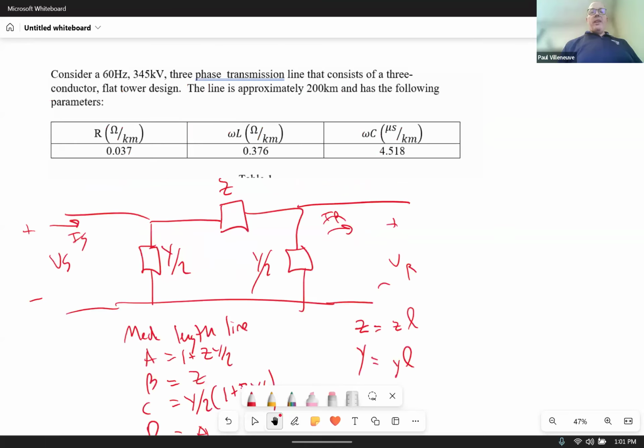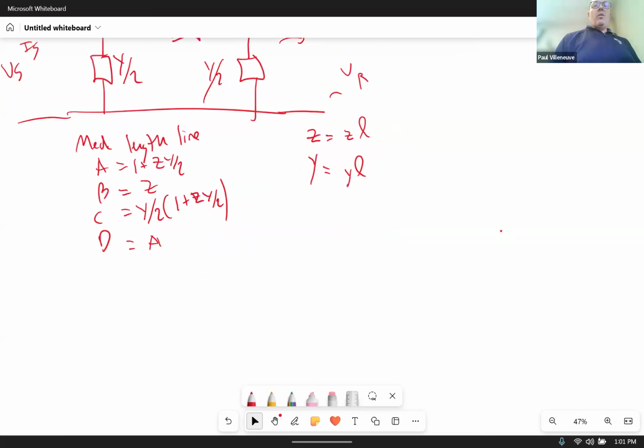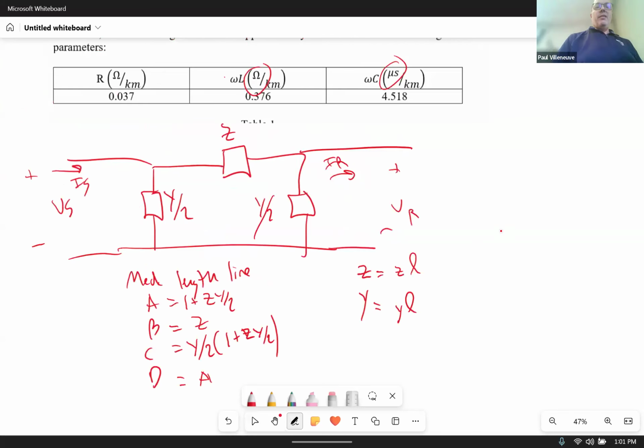Be careful, right? Because this is in ohms per kilometer, and this is in micro Siemens per kilometer, so you got to make sure that you multiply this term by J, and this term is also multiplied by J.